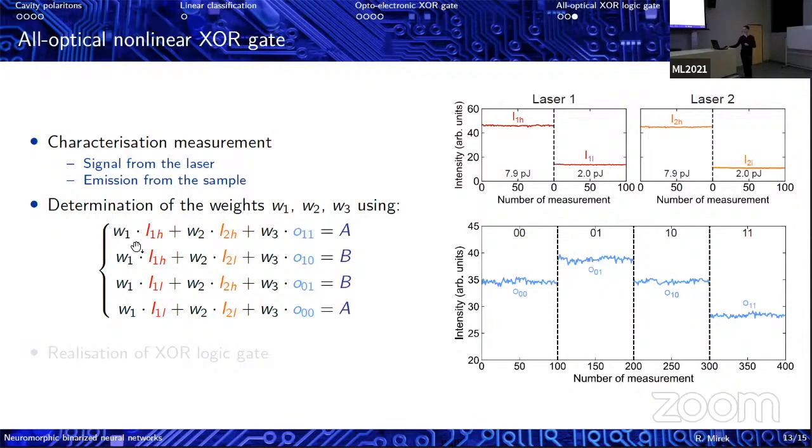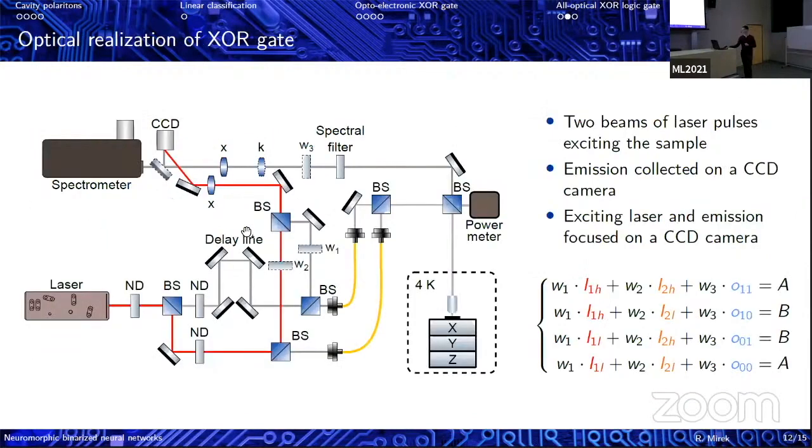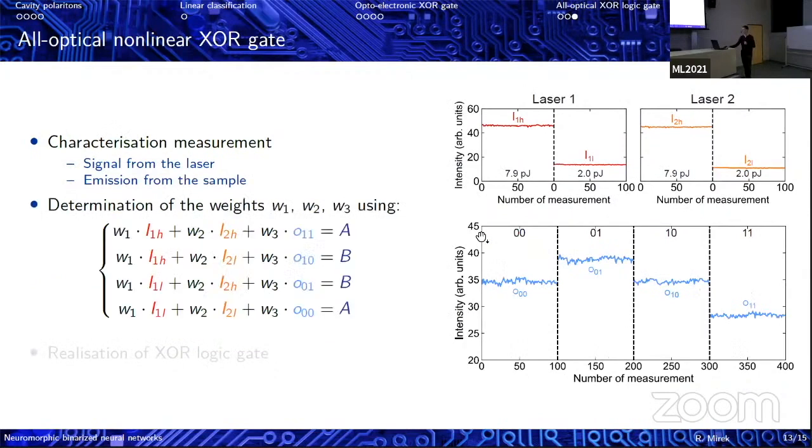And we could realize these weights, W1, W2, and W3, using optical filters. I will go back to the experimental setup. These were just optical filters which were giving us smaller power in the transmission.